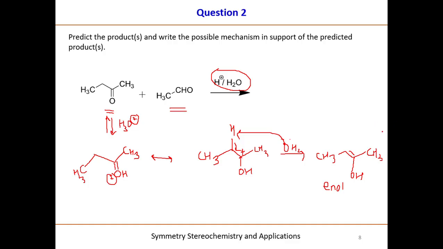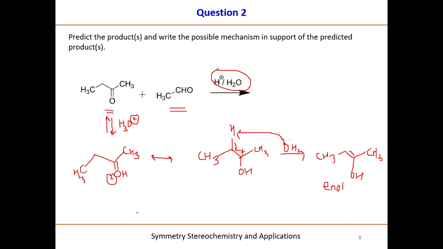So here we have another substrate because we have a cross condensation, so that's why we have a different substrate. So this enol now attacks a protonated aldehyde. This aldehyde will get protonated.